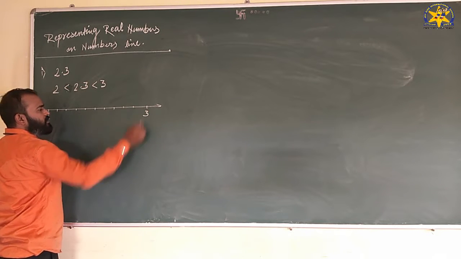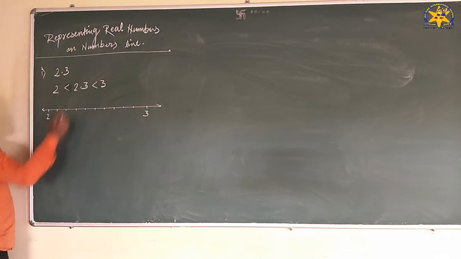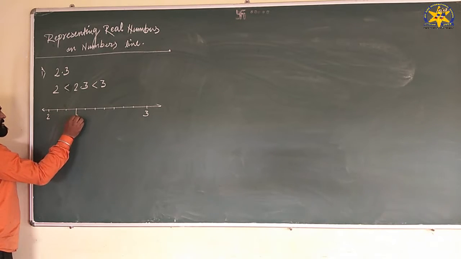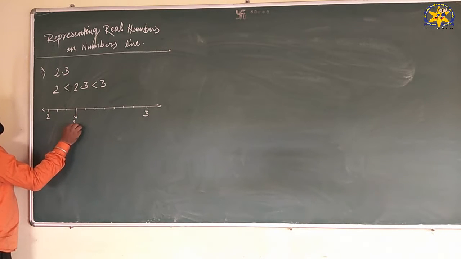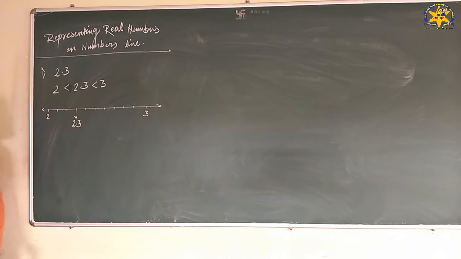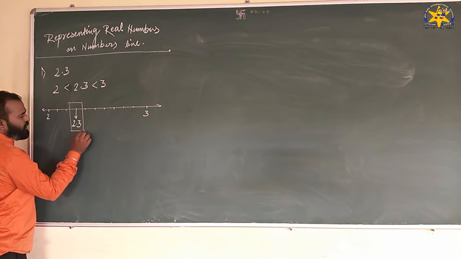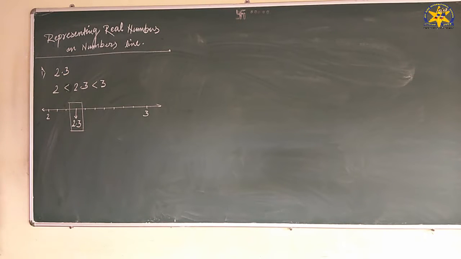Here will be 3. Now we have to represent 2.3 on the number line. So 2.1, 2.2, 2.3. So this will show us 2.3 on the number line. This is how we have shown decimal numbers on a number line.